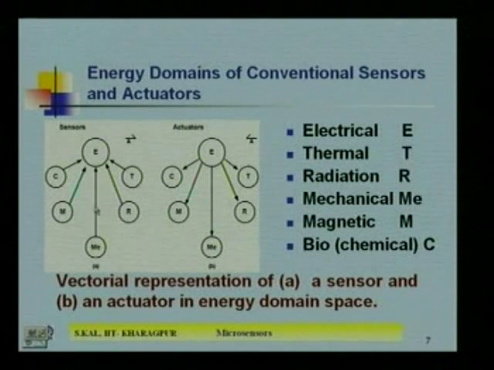All this energy is at the input and is transformed into electrical energy; that is the job of the sensor. On the other hand, the vectorial representation of actuators is shown in figure B. Here the actuator gets electrical energy, then converts it into chemical energy, magnetic energy, mechanical energy, radiation energy or thermal energy. This is the vectorial representation of sensors and actuators.